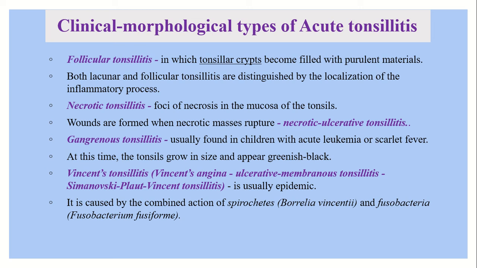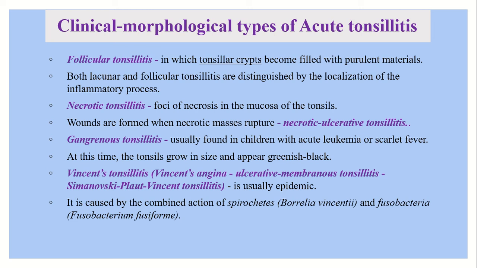Another type of acute tonsillitis is necrotic tonsillitis, where wounds form when the necrotic mass ruptures. We call it necrotic ulcerated tonsillitis. Gangrenous tonsillitis is a special type of acute tonsillitis usually found in children with acute leukemia or scarlet fever.